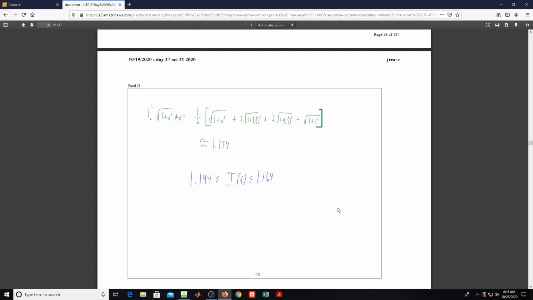I have to put the weight here as 2, plus the weight here of 1 plus 2/3 squared, plus the final one, 1 plus 1 squared. So I just have to evaluate it at these 4 points, and I believe I get 1.154.